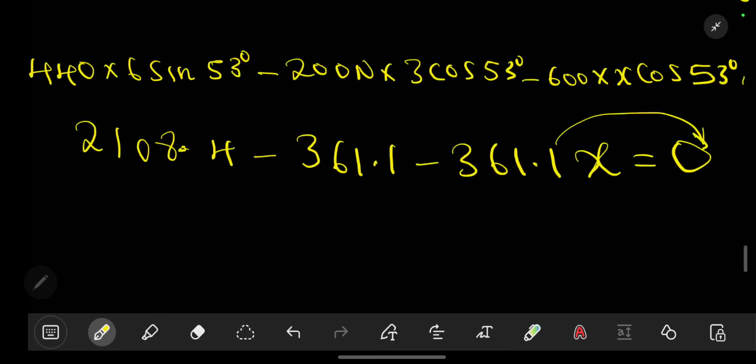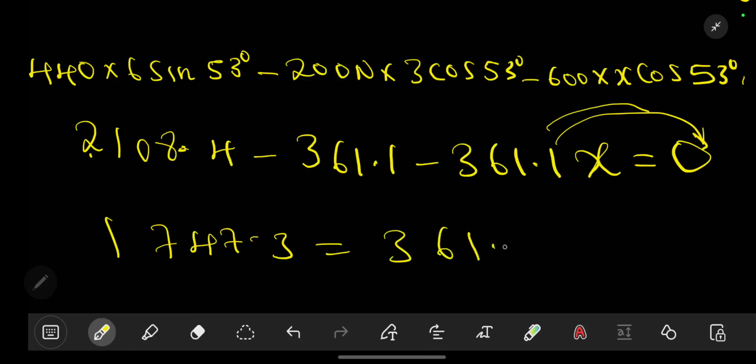Let's take this value this side. So we are going to have 2108.4 minus 361.1. This is going to give us a value of 1747.3. Should be equal to, we take it the other side, it will be 361.1 like that.